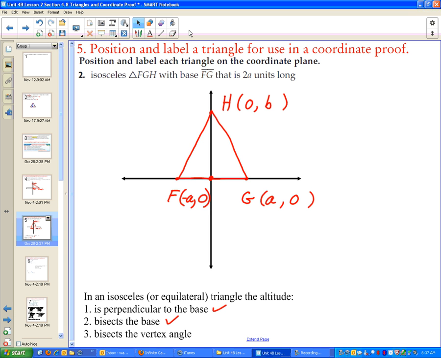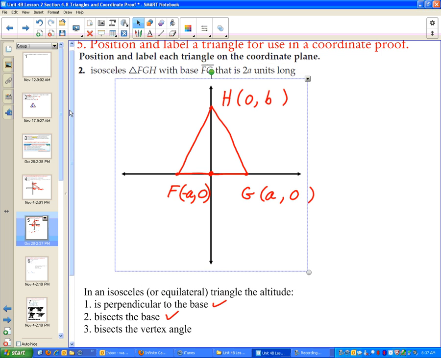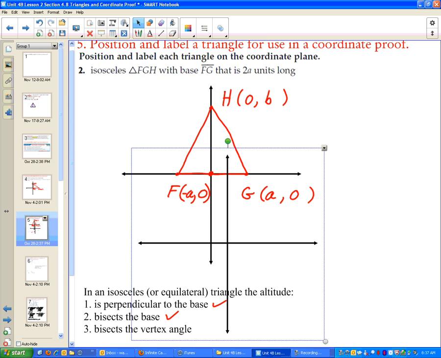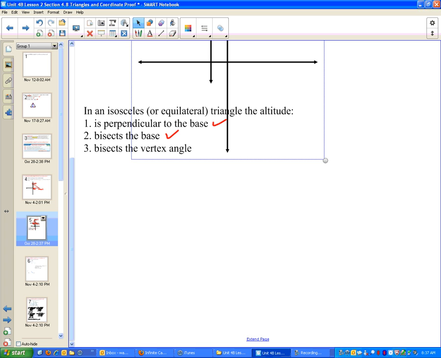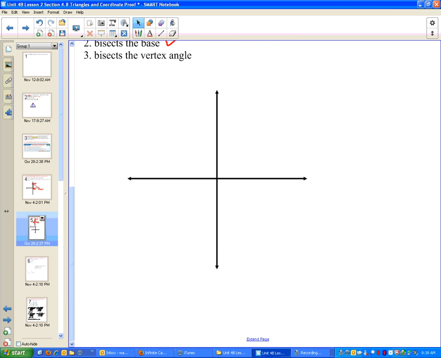Now, that's not the only way to fulfill those requirements. And in fact, another way to do it's also fairly simple. Let me see if I can clone that coordinate plane. All right.